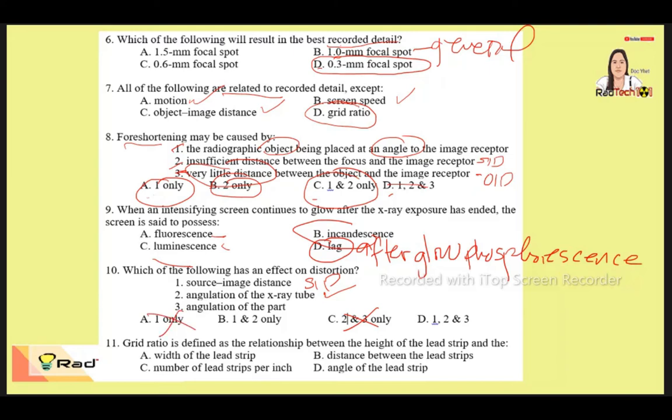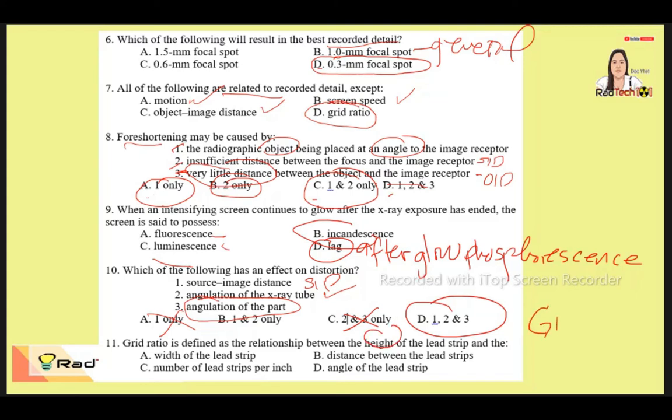Dalawa na lang. Next is angulation of the part, of course. Na-discuss na natin yan earlier. So, kapag na-angulate yung part, may gap between the part and the IR. So, there will be a distortion. So, this is the correct answer. 11. So, grid ratio is defined as the relationship between the height of the lead strips.